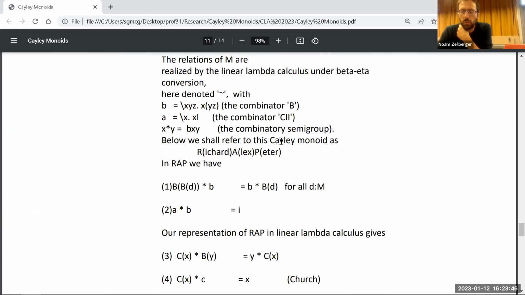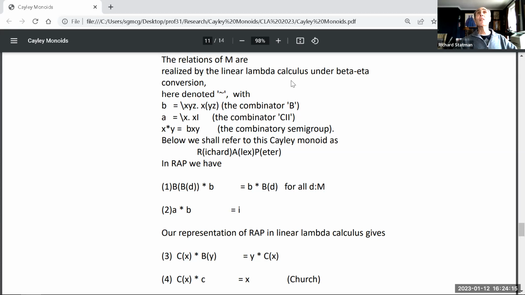Rick, could I stop you just here, just ask a question about this example? Here you're realizing a Cayley monoid by lambda calculus, so the elements correspond to lambda terms. Could you say what lambda terms, if you consider all of the monoid? I see that these are ordered linear lambda terms.